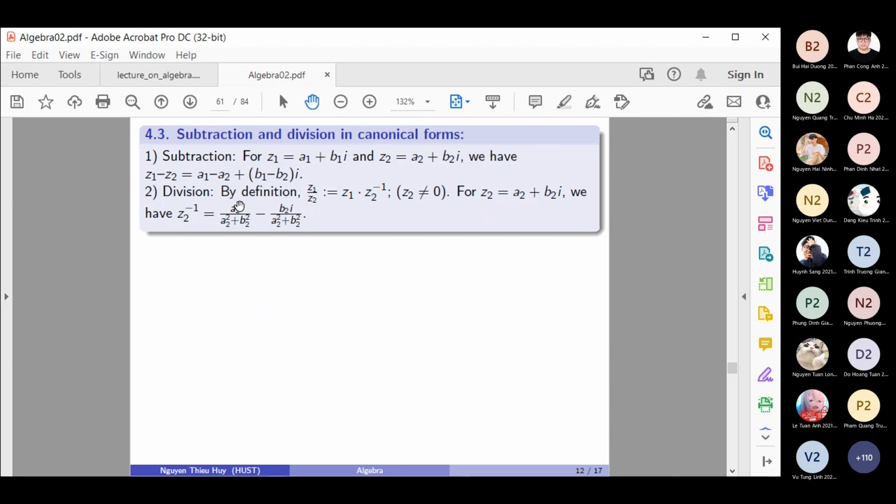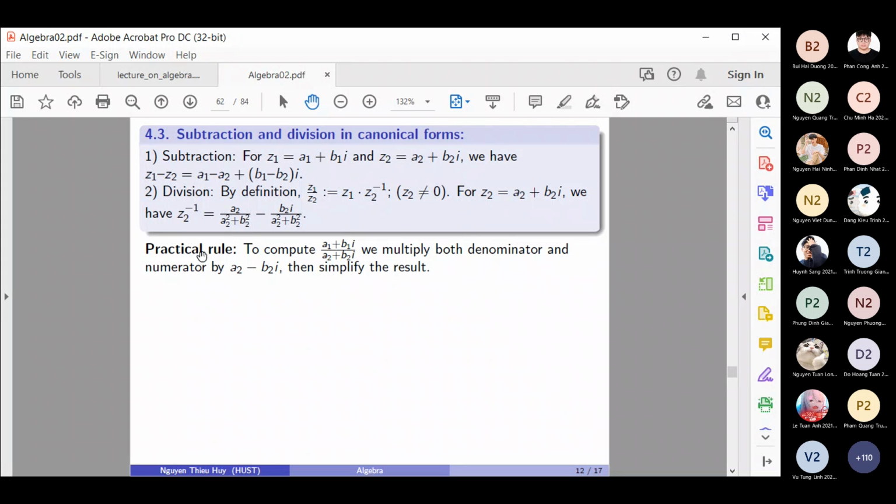For division, you have to divide, then the denominator should not be 0. By definition, division means that you multiply with the inverse, and you have the formula for the inverse. But we never do it that way. It's complicated to remember the inverse. Now we do the following way.